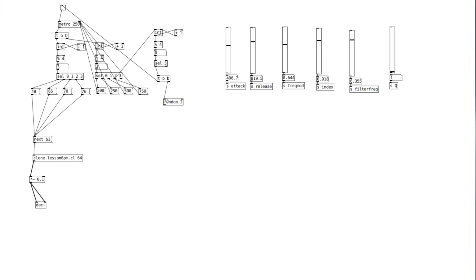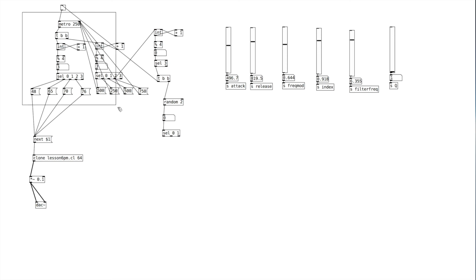So now, random 2 will send an output when it receives the bang from this select, and it will output either a 0 or a 1. So now we can create a select 0, 1. So now we have a 50-50 dice roll, and we can create a subsection here using the same format here with a metronome for either a B or a C section.